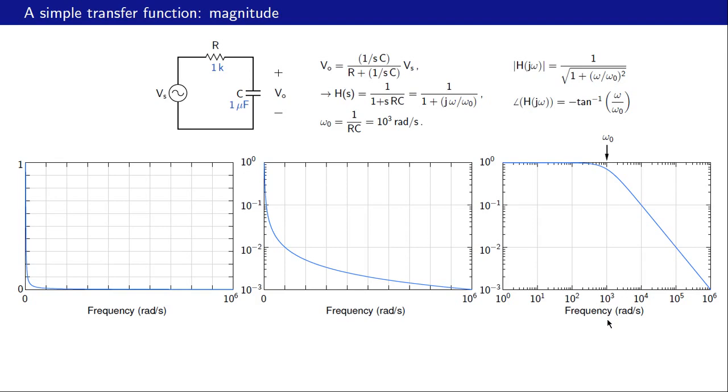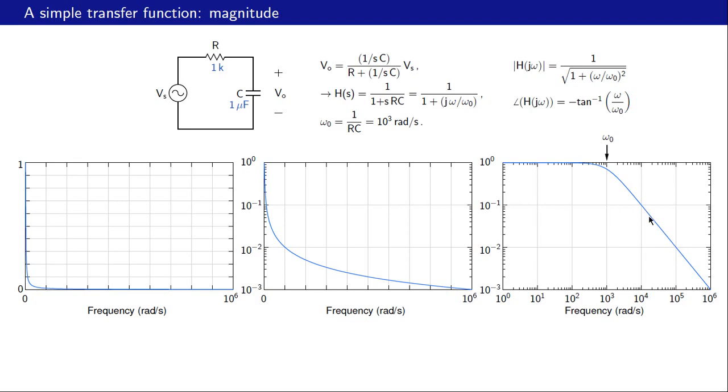Apart from that, we can also make out the dependence of mod of h on omega in this high frequency region. For example, let us say we have increased omega from 10 raised to 4 to 10 raised to 5 radians per second. At 10 raised to 4 we are here, 10 raised to 5 we are here. What has happened to mod of h? Mod of h was 10 raised to minus 1.